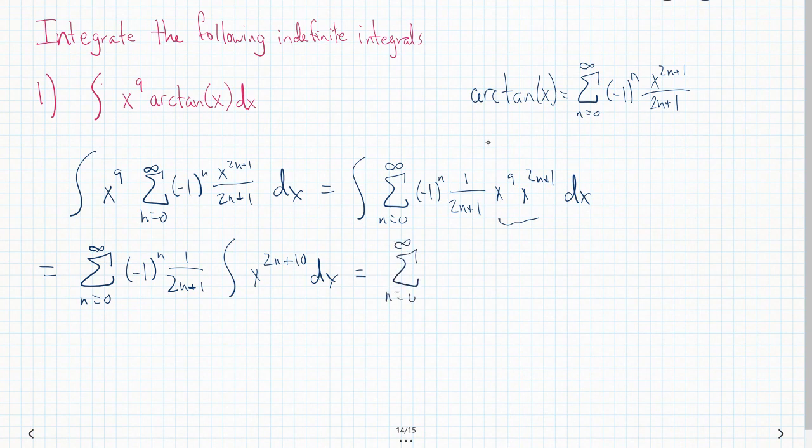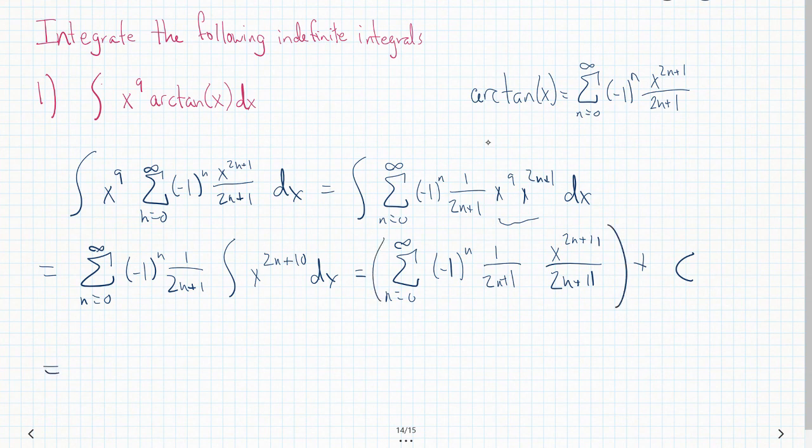So notice in terms of what we're doing, we get negative 1 to the n, 1 over 2n plus 1, and then this is the antiderivative of that. 2n, you've got to add 1, so that becomes 2n plus 11 all over 2n plus 11, and then plus some constant c sitting outside of there.